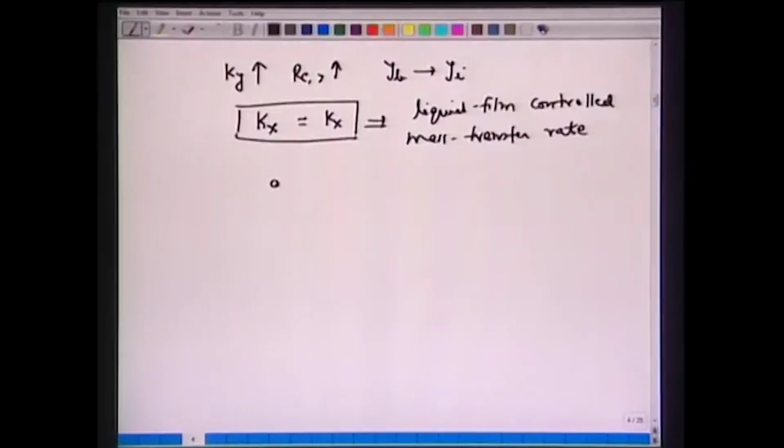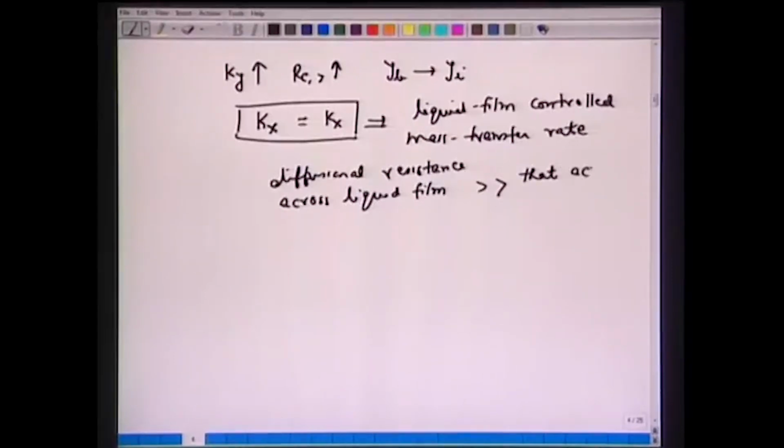Or we are saying here that the diffusional resistance across the liquid film is much larger than that across the gas film.